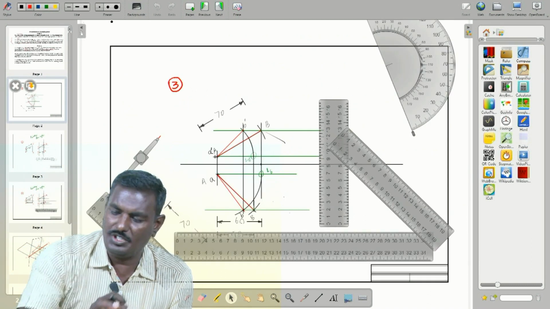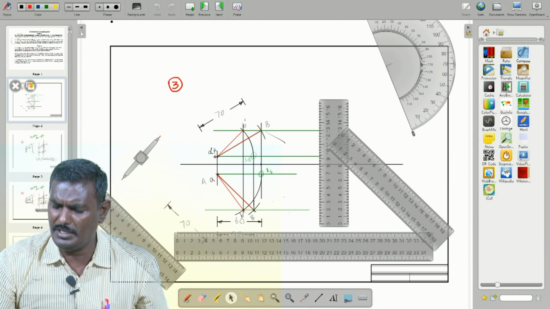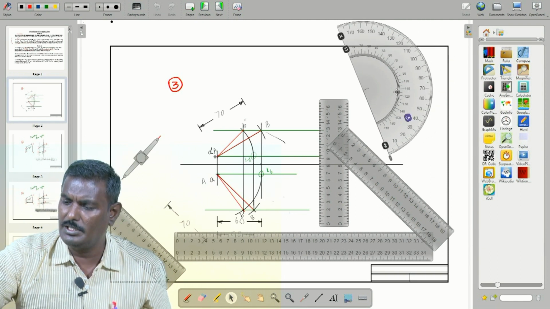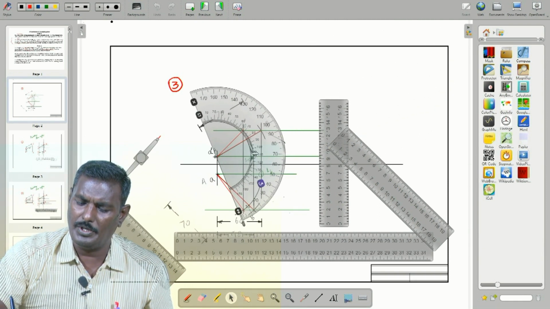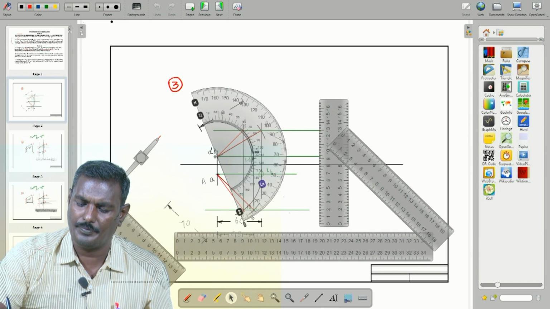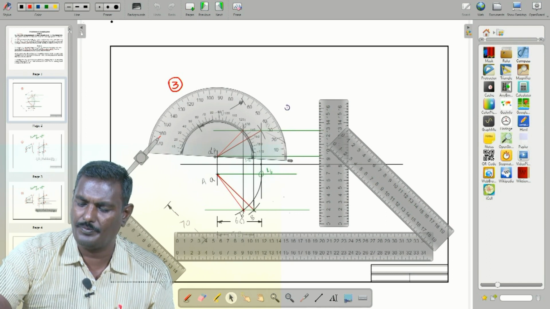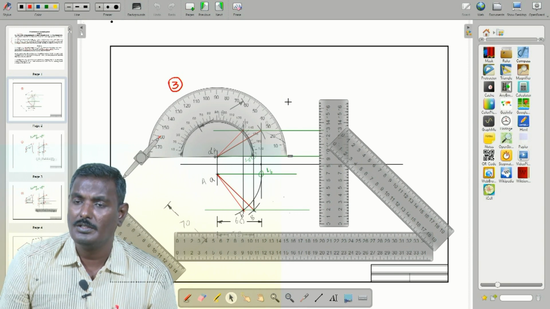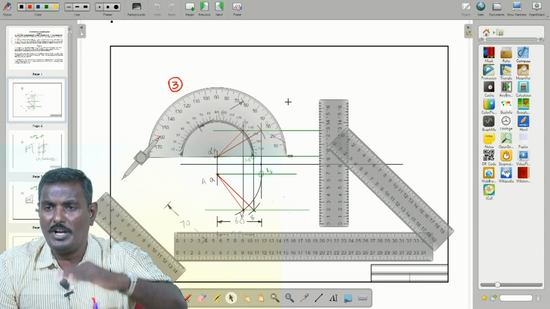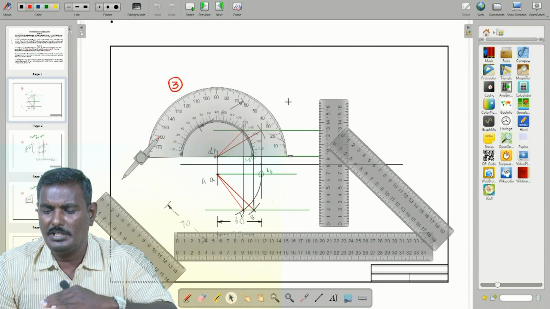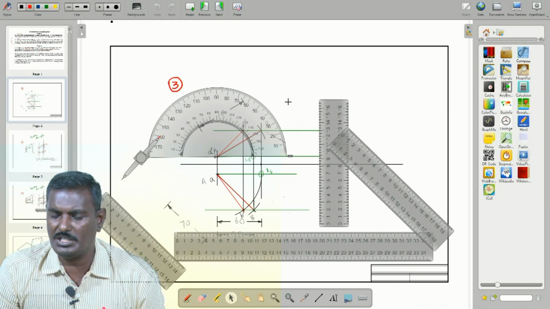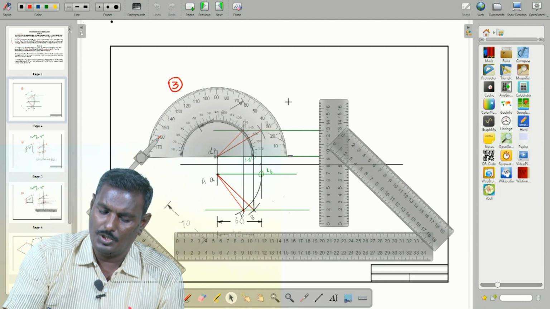Now it comes to how to determine that. We have to take a protractor, keep it at this point and rotate. This is above HP, meaning above XY. What about the inclination, how much angle does it make? How to do it?